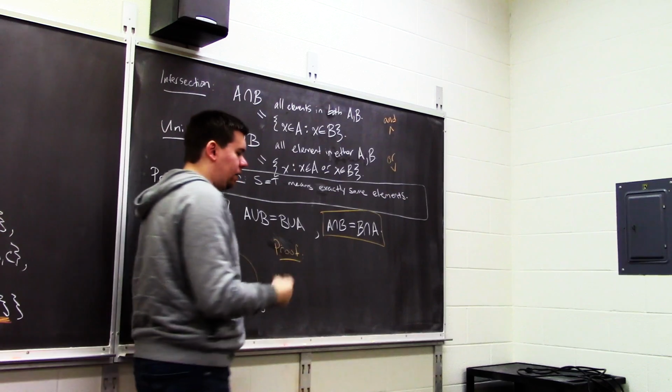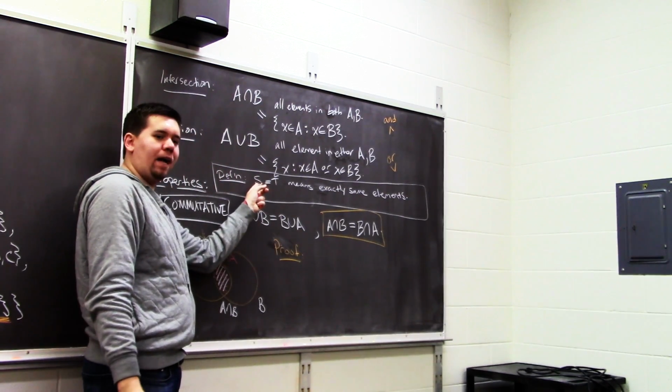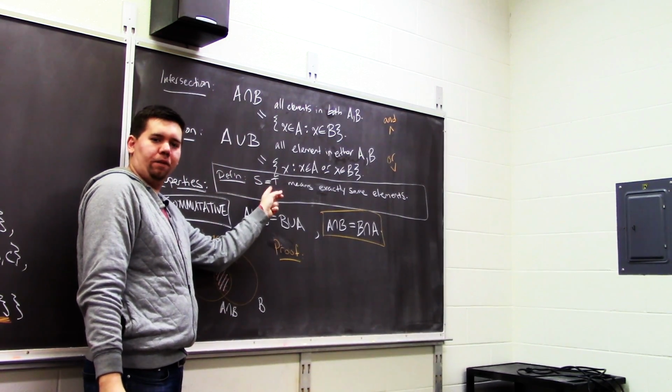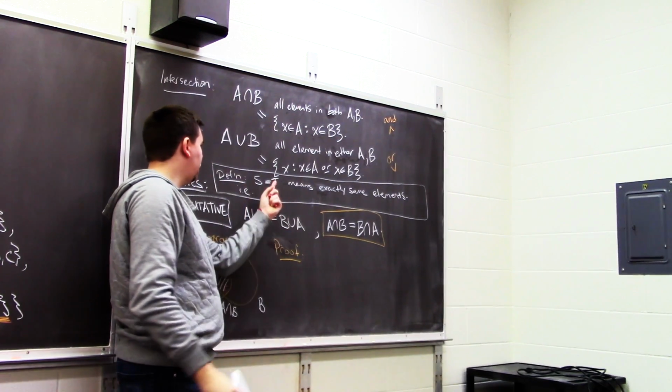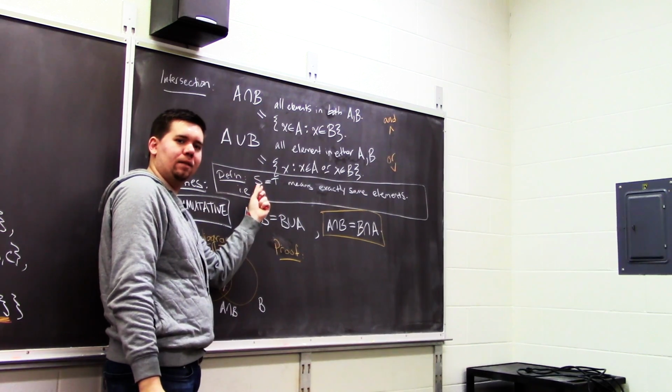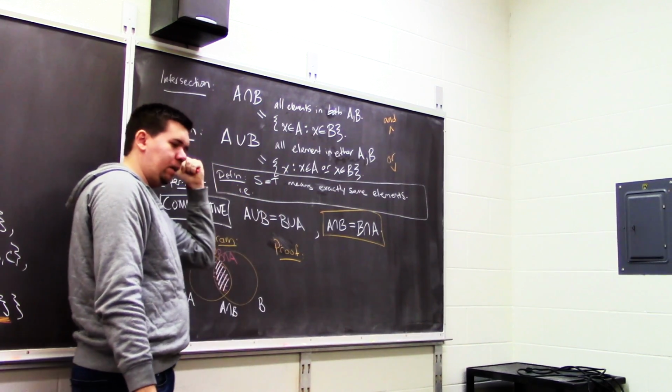So that means two things. First of all, if you're an element of S, then you're an element of T. And if you're an element of T, then you're an element of S. But that relates to the idea of subsets.